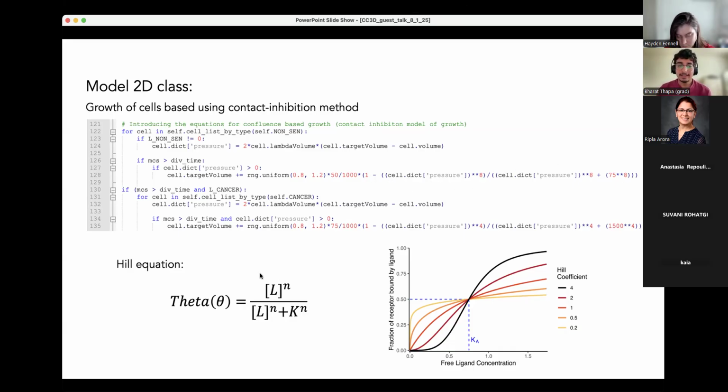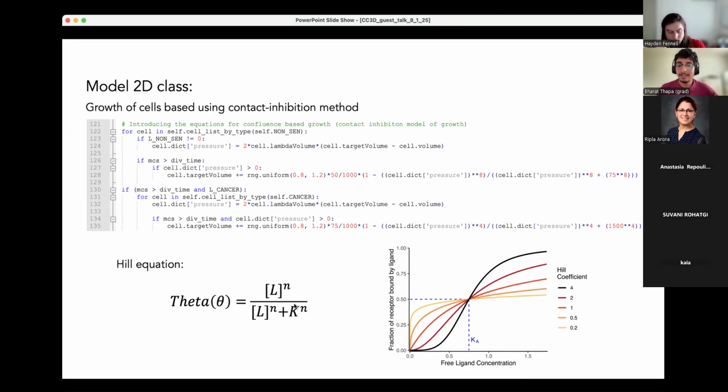But the value of x is actually a Hill equation, which determines contact inhibition. This is from a ligand curve. The Hill equation is used a lot in ligand kinetics, for binding of ligand to the receptor. So I've just taken that and implemented it.